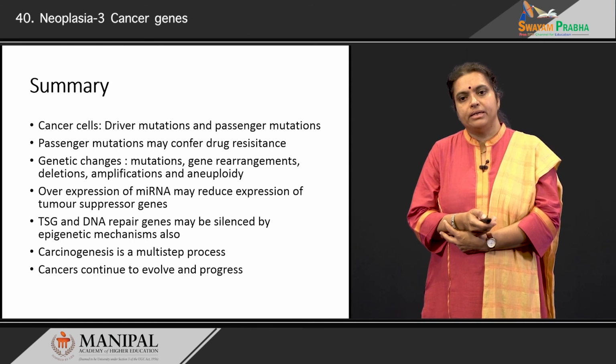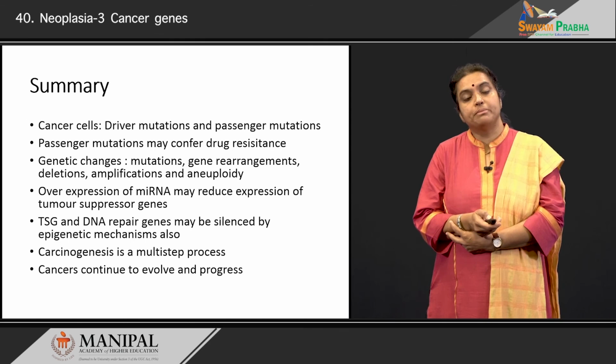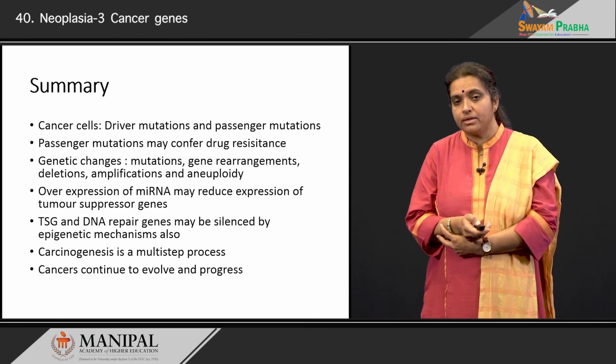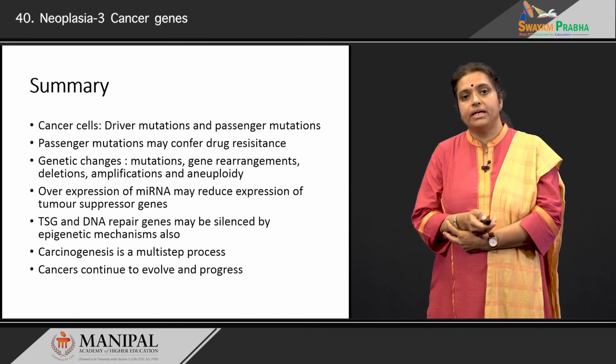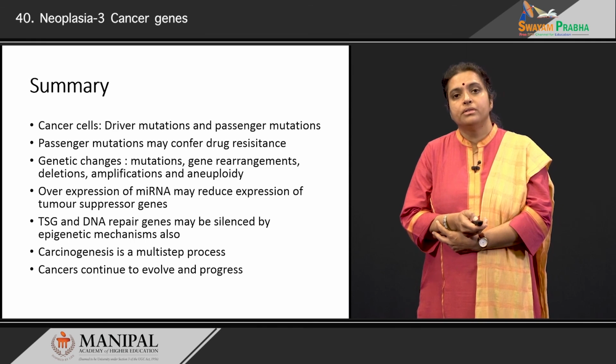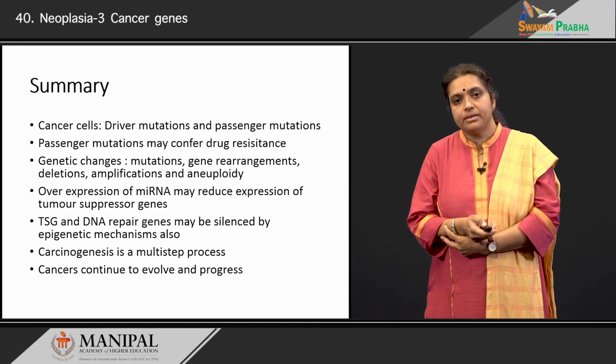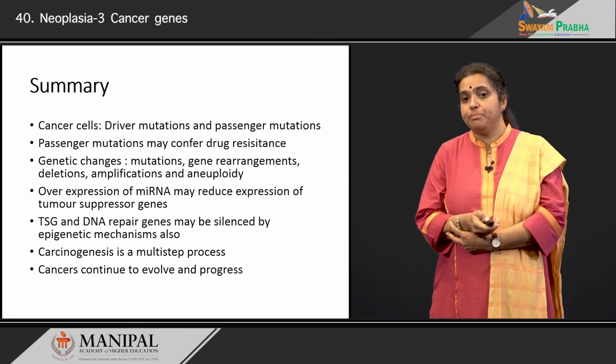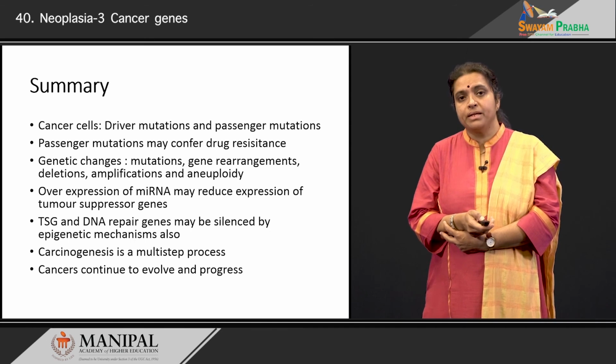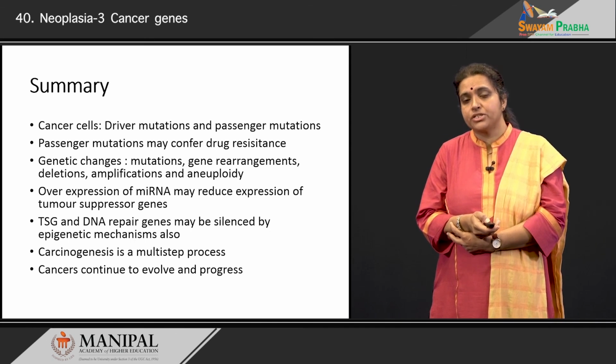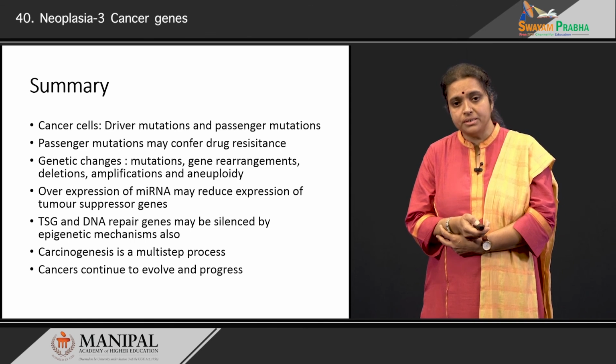Overexpression of microRNA may reduce the expression of tumor suppressor genes because microRNAs normally are negative regulators of gene expression. Tumor suppressor genes and DNA repair genes may be silenced by epigenetic mechanisms also, like DNA methylation and histone modifications.